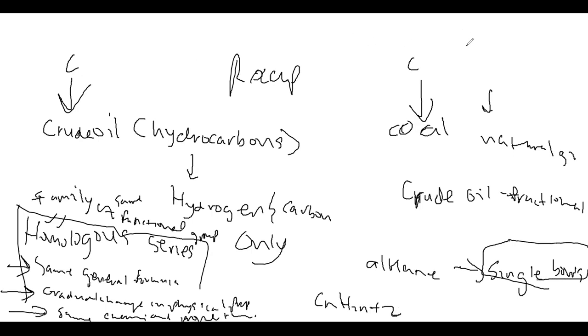And those reactions were halogenation, combustion, incomplete combustion. And then we learned about isomerism. Okay, so that was alkanes. Now we're going on to alkenes.